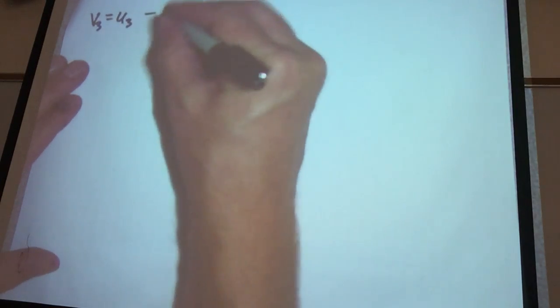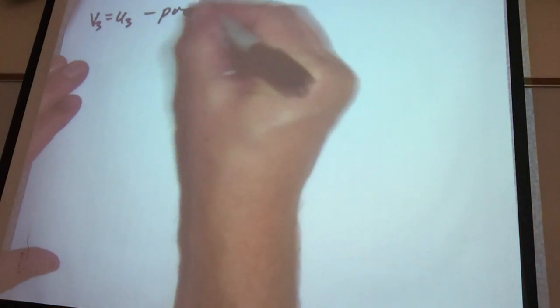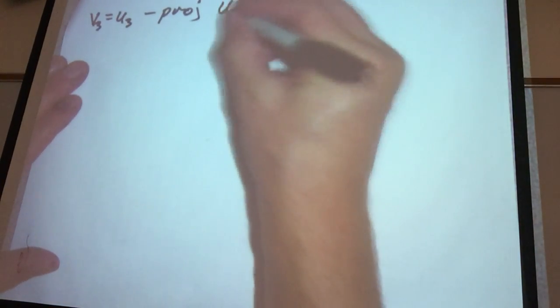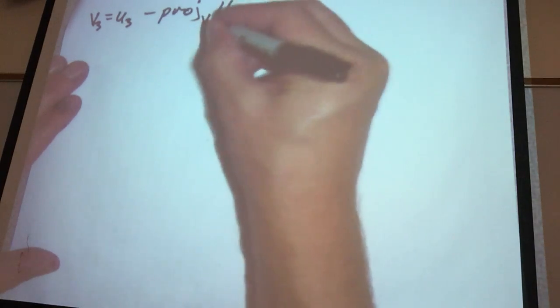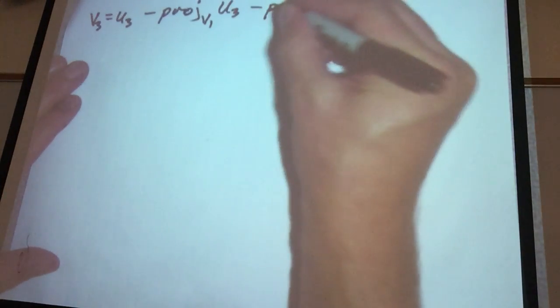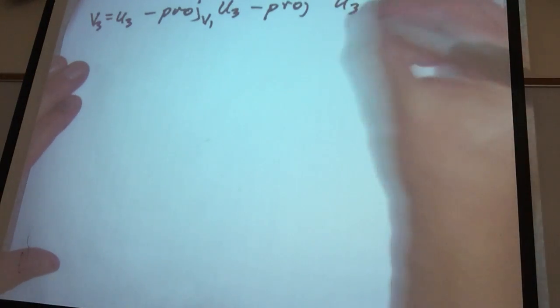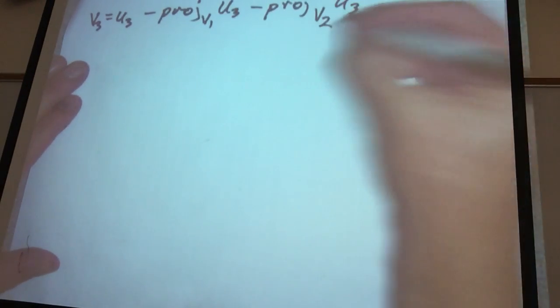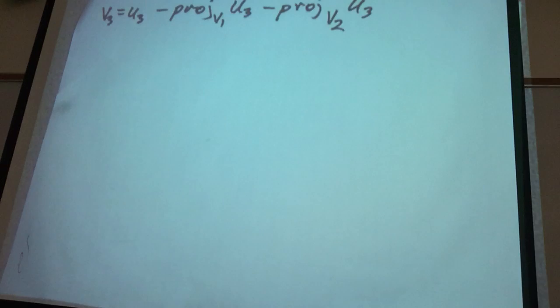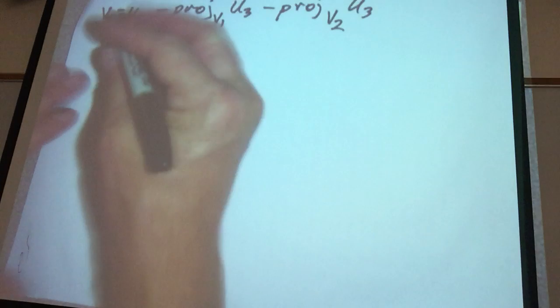V3 is going to equal U3 minus the projection of U3 upon V1 and minus the projection of U3 upon V2. And so my U3 was 0, 1, 1.